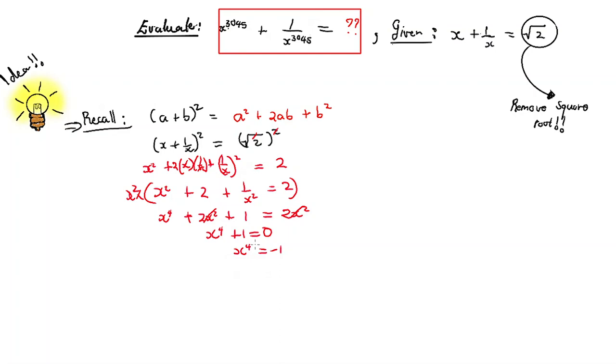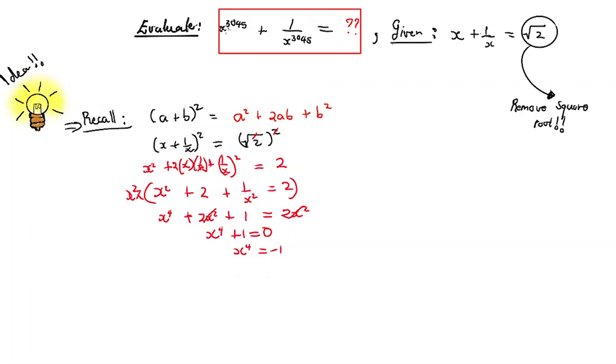Now since this is an even exponent, when I take the fourth root on both sides of the equation, I will get an imaginary number. So I cannot find the value for x. So how about we play around with the 4 along with the exponents in our given expression?